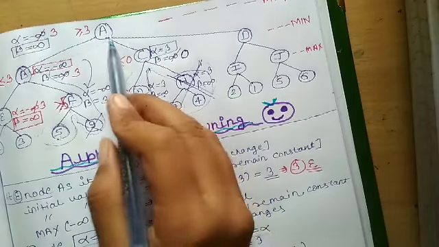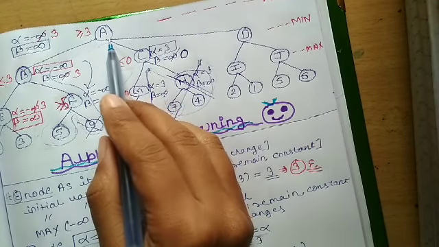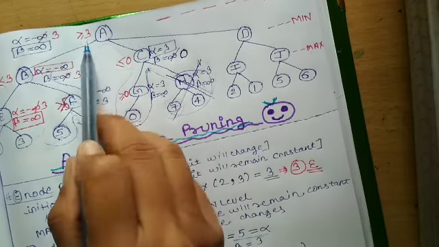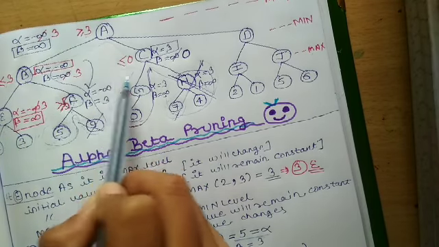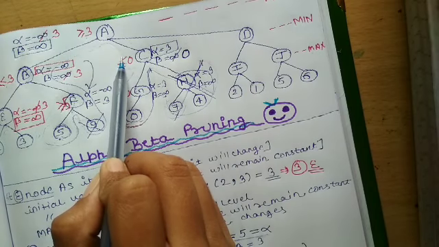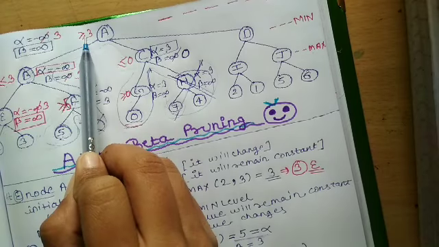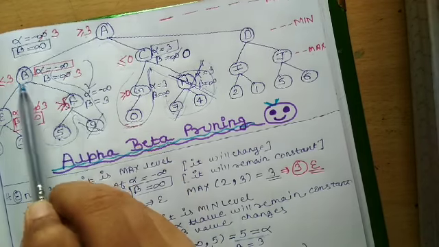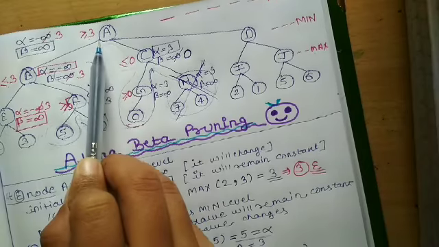After this, you will go from here to there, to A node. In A node, it has the value 3 and C node has the value 0. These two nodes will be compared. Which value is maximum? 3 is maximum. It has got the value of 3 from here, so we don't have to change anything.